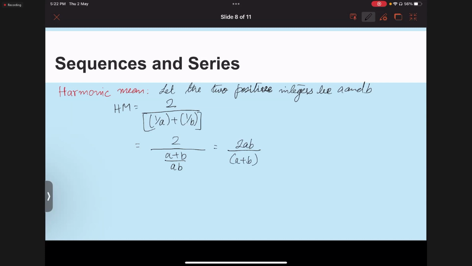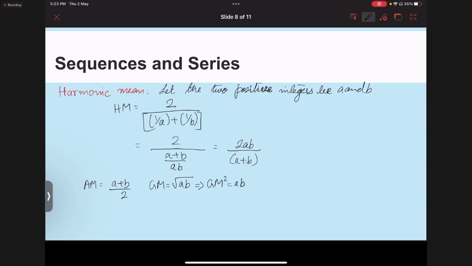Okay. Now, if you remember, we had got our AM is equal to (A plus B) by 2, and your GM is equal to the square root of AB. This is something that we had seen. So you can also write this as GM squared is equal to AB.